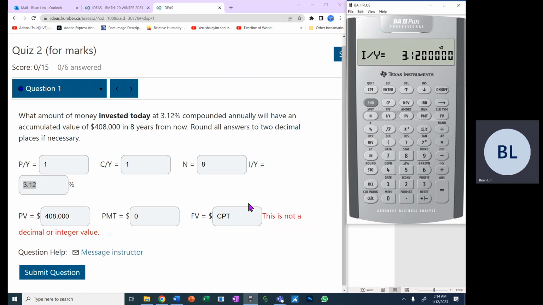and there we are. Present value is 408,000, and there we are. That's the present value.